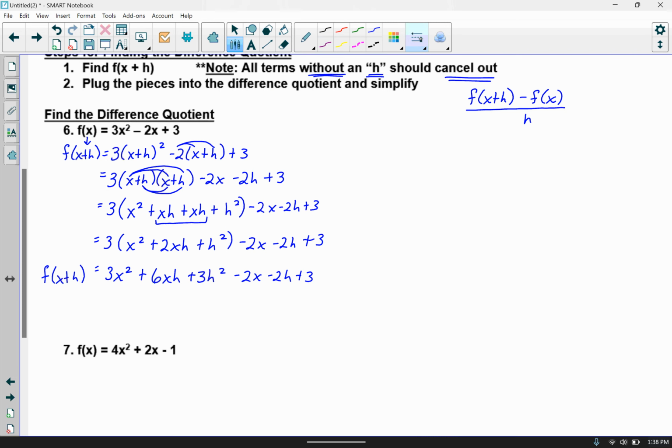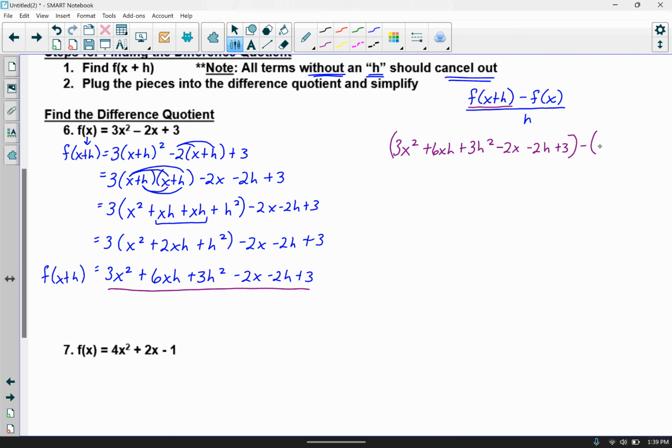All right, and now at this point, you know everything. F of x plus h, that's this guy right here. So I'm plugging into my formula now. So I'm plugging in 3x squared plus 6xh plus 3h squared. All right, I'm going to use parentheses there, okay?